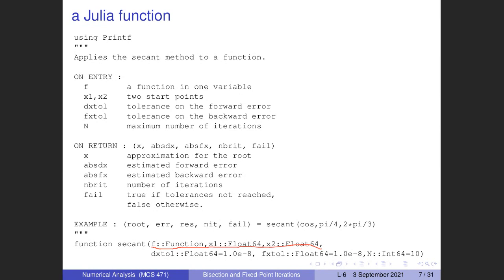Then we have our default arguments, which are tolerances on the estimated forward error, and the tolerance on the backward error, also called the residual. So I called them fx, because this is f, the function value, and dx for the tolerance on the delta x.